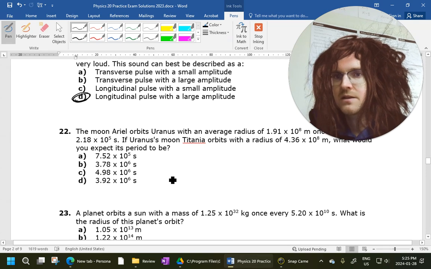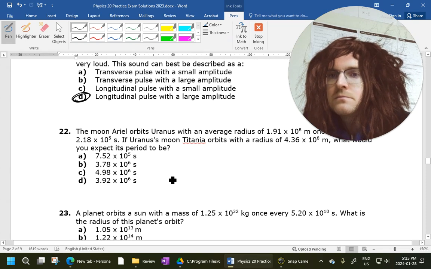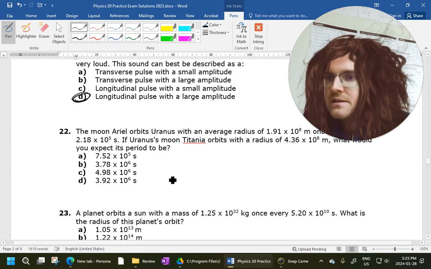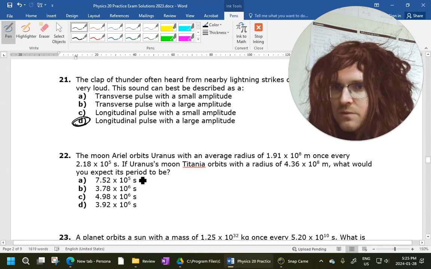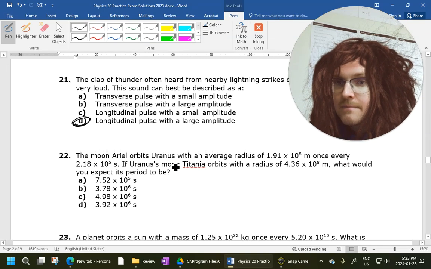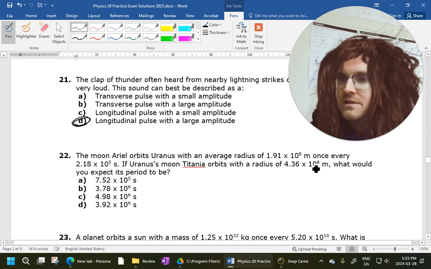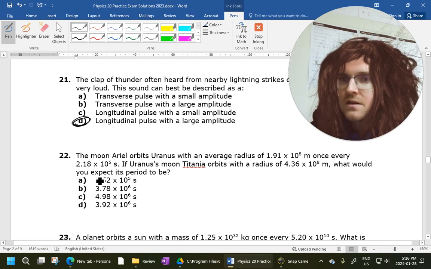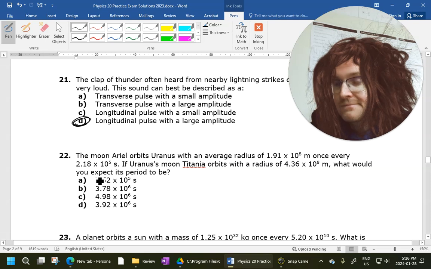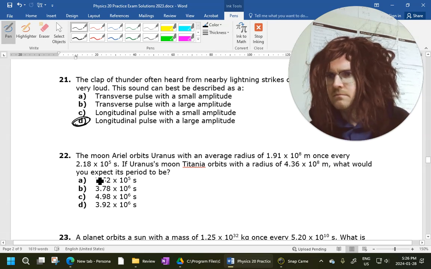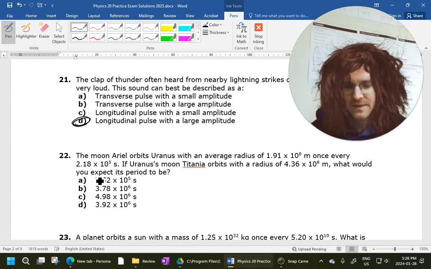Okay, the moon Ariel orbits Uranus and has an average radius of this, and Uranus's moon Titania orbits at this radius. What do you expect the period to be? Okay, so I just want to double check something here.